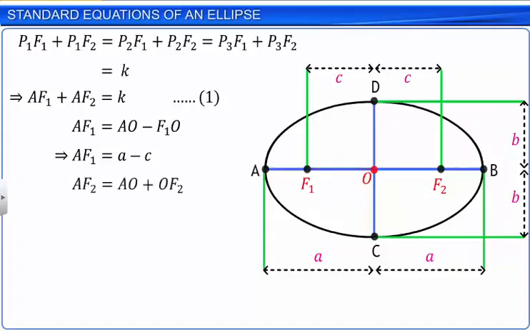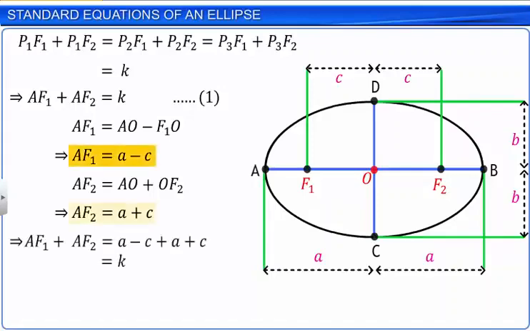AF2 is equal to AO plus OF2, or the length of the semi-major axis a plus distance c of the focus F2 from the center. Substituting the values of AF1 and AF2 in equation 1, we get k is equal to 2a.